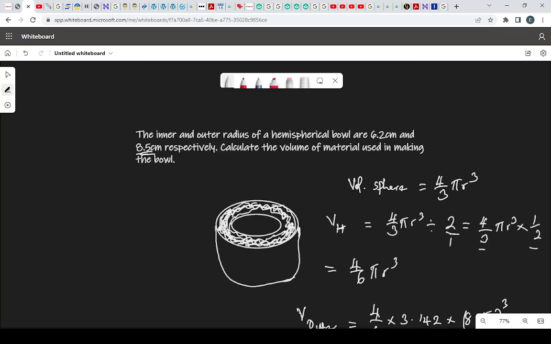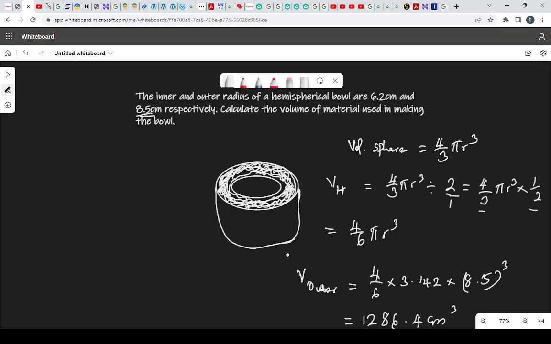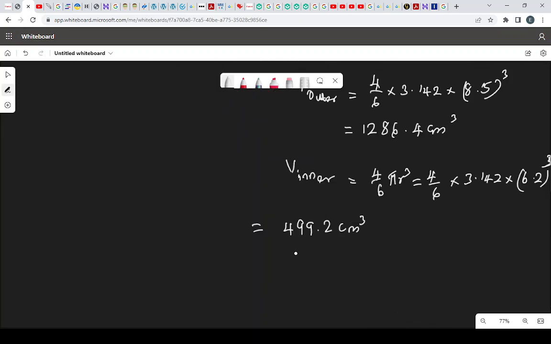And as I said earlier, the volume of the material used in making this hemispherical bowl is this shaded part of it. So we subtract the volume of the inner from the volume of the outer. That should give us the volume of the material. So V of material is equal to V outer minus V inner, which is V outer is 1286.4 and V inner is 499.2.